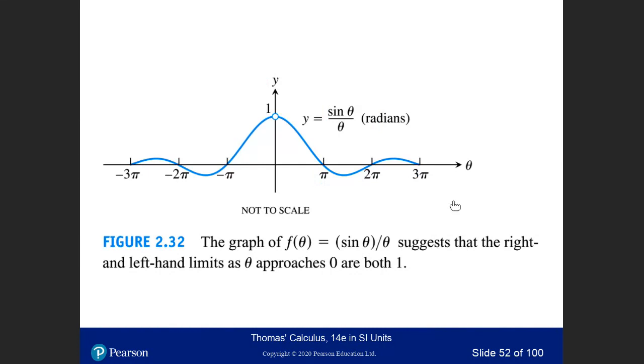Let's look at this function, y equals sine theta over theta, where theta is in radians. This function is not defined at 0 because sine 0 is 0 and theta is 0, and 0 divided by 0 is not a real number.